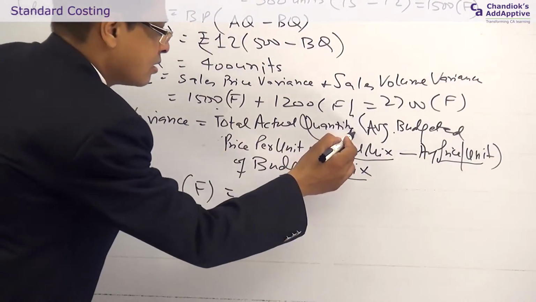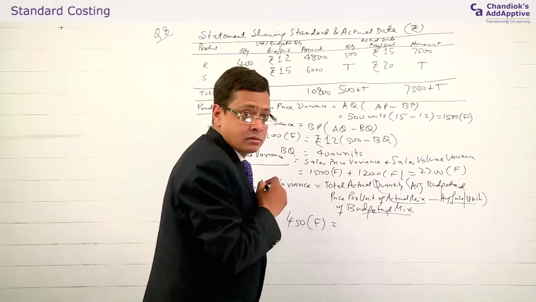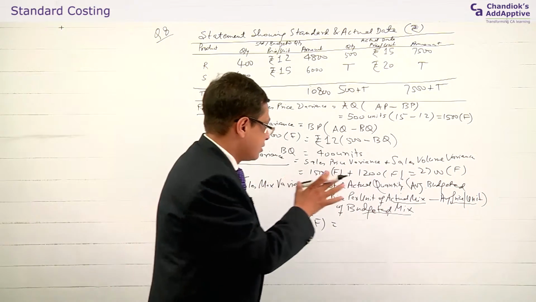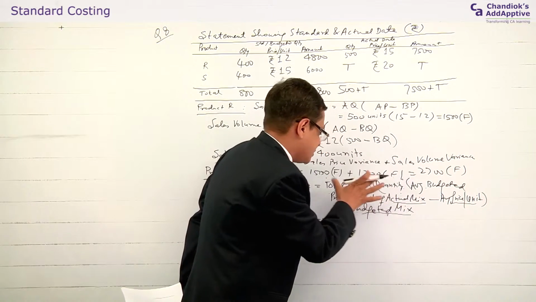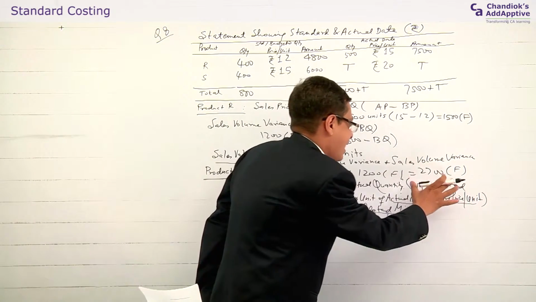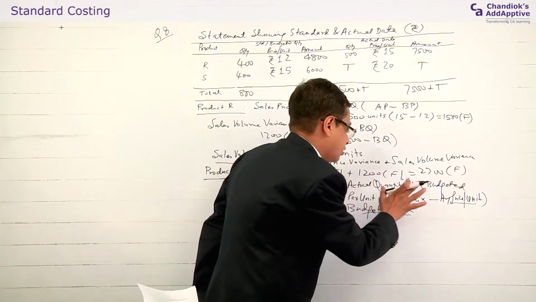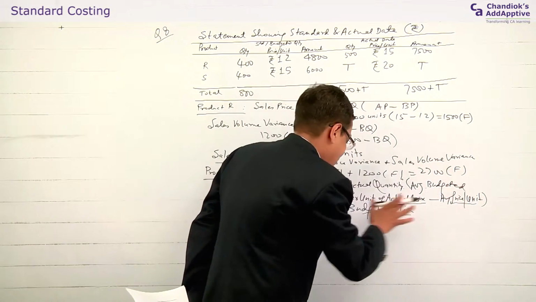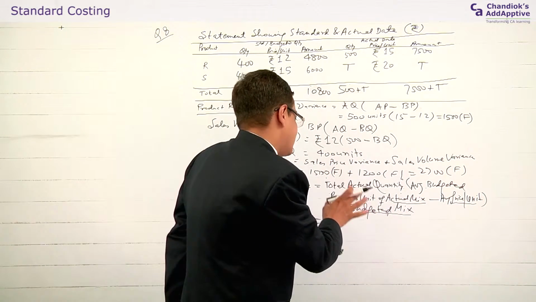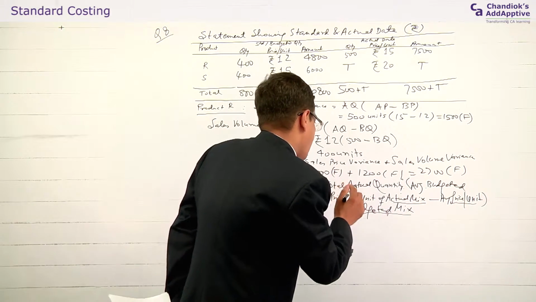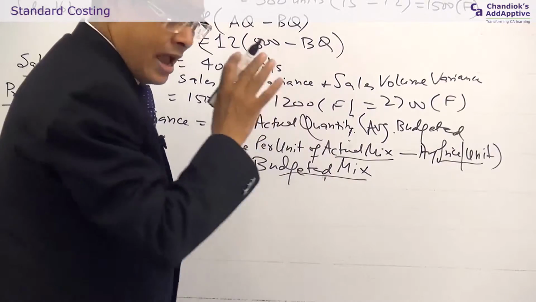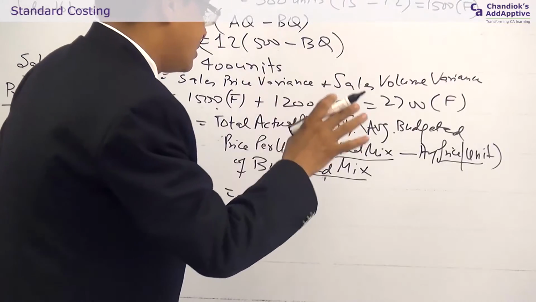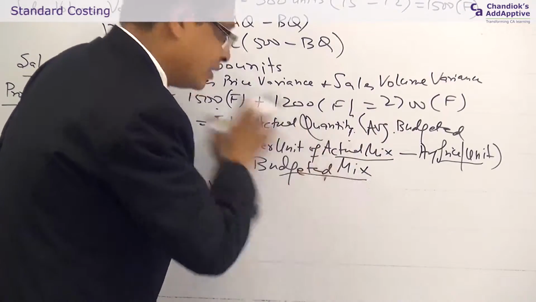So, this is outside the bracket. What is important to see? That actual quantity is outside the bracket, and average budgeted price per unit is within the bracket.